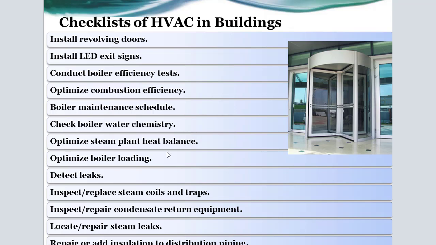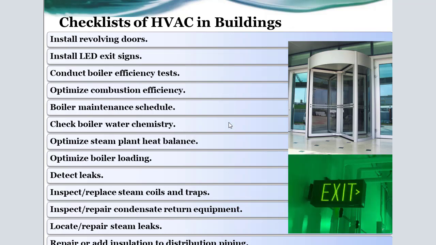Optimize the steam plant heat balance and boiler loading, and detect any leakage in the piping system. Also inspect or replace steam coils and steam traps, inspect or repair condensate return equipment in the boiler systems, locate or repair any steam leakage, and repair or add insulation to distribution piping, and so on.